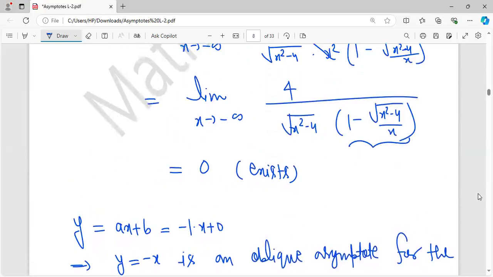So what will be its limit? This limit is actually minus 1. That is, this will approach minus 2. Okay. And this will approach infinity. That is why the resultant is 0. Okay.